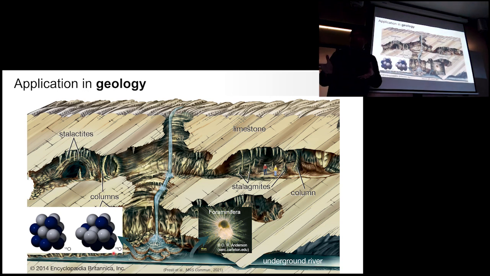I think Esther might have discussed all these concepts already. Just to repeat, basically what happens: the temperature rises, and these being lighter, they go up. So in seawater, you have an increase in the concentration of O18.